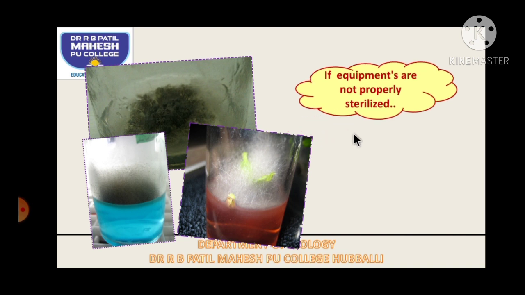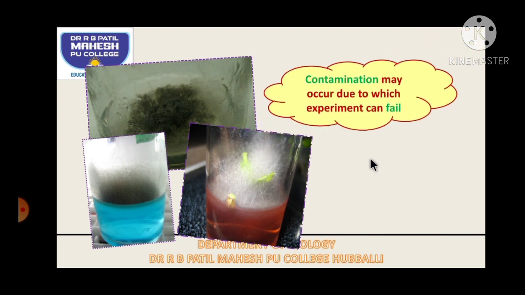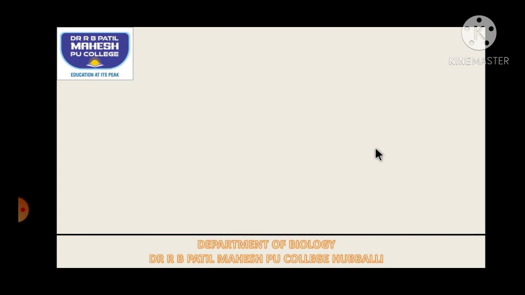Whatever equipment we are using for tissue culture, like test tubes, the nutrient media, preparing salts and other equipment, should be sterilized. If they are not sterilized, contamination will occur, due to which the experiment can fail. That is, our plant cells will not grow into a new plant. So sterilization is an important step.